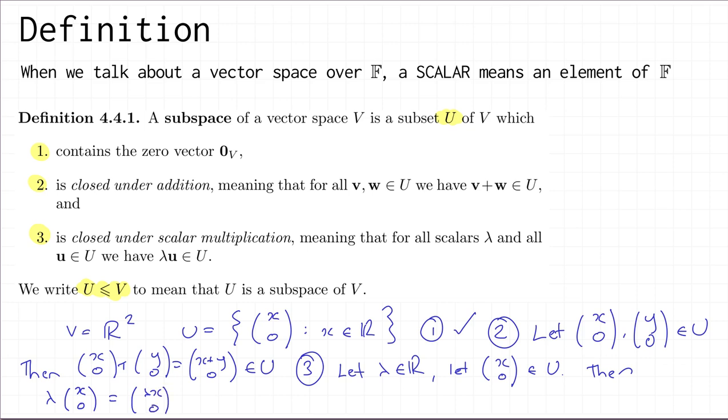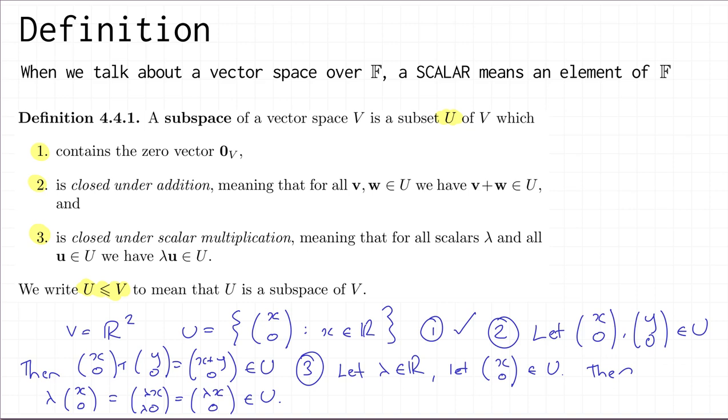In particular, the second coordinate is still 0 because lambda times 0 is 0. So let's just spell that out. That's (lambda x, 0), which is an element of U. So property 3 is true as well. If you take any element of U, you multiply it by any scalar, then the result is again an element of U. Therefore, this U is closed under scalar multiplication.